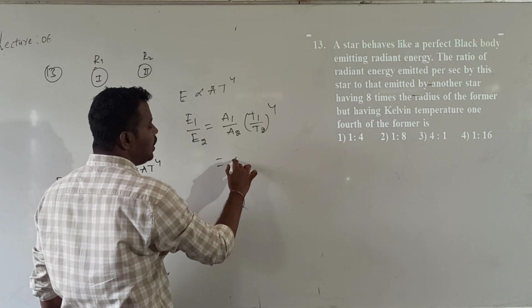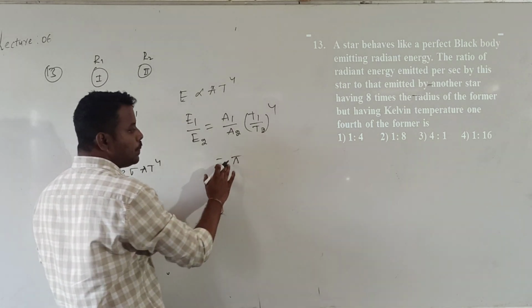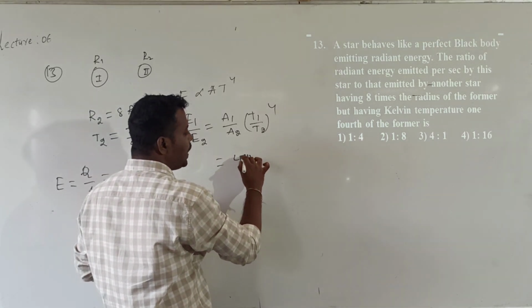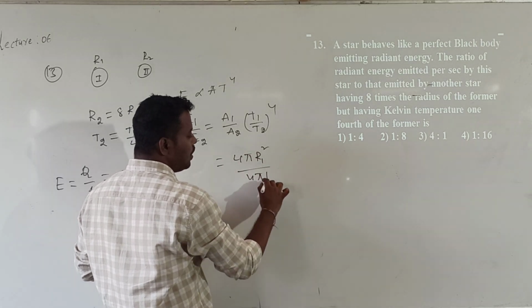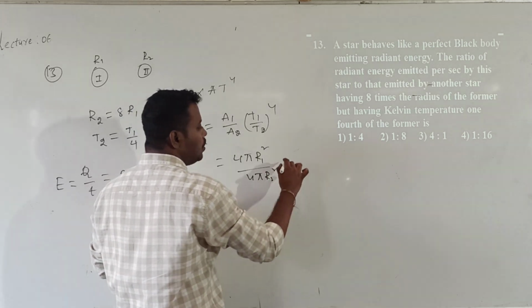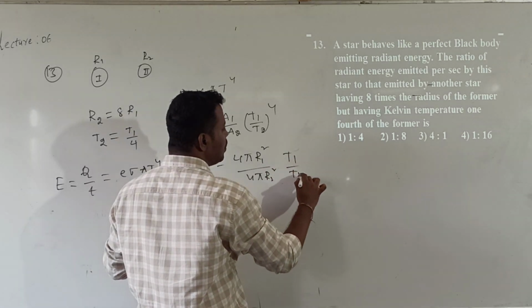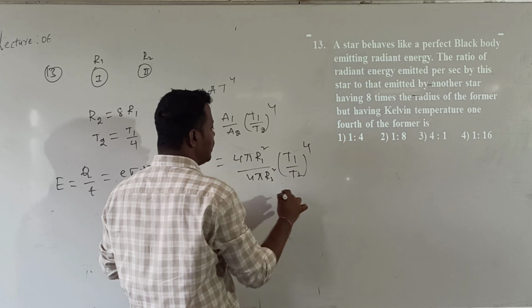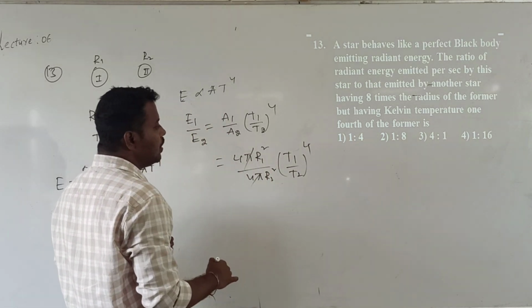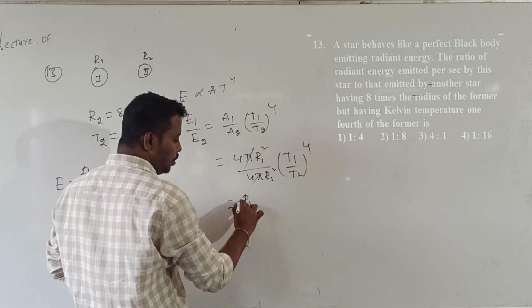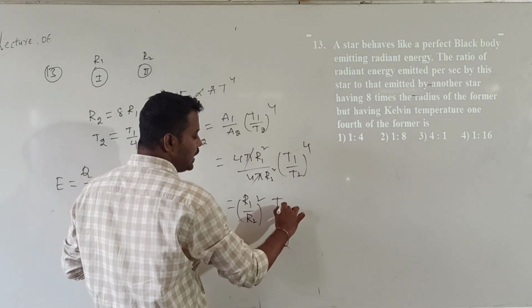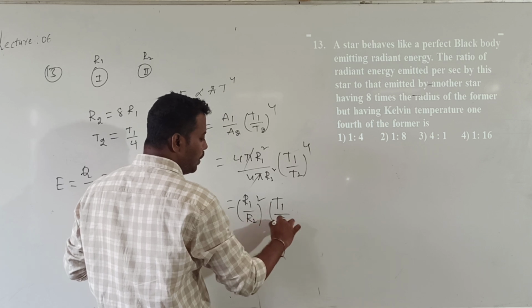So what is A1 value? Area formula, spherical shape now, that is 4 pi into R1 square by 4 pi into R2 square into T1 by T2 whole power 4. 4 pi cancel. So R1 by R2 whole square into T1 by T2 whole power 4.